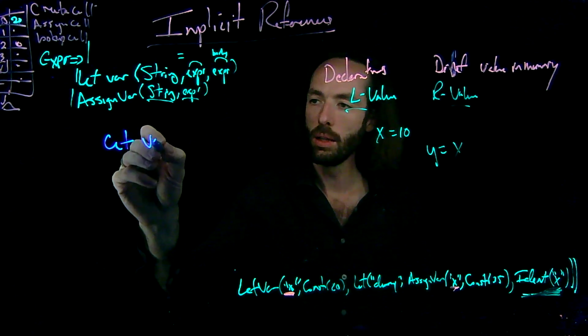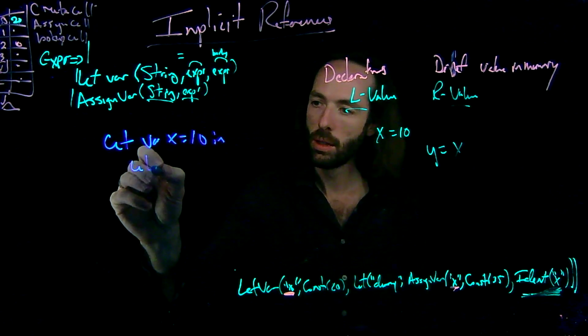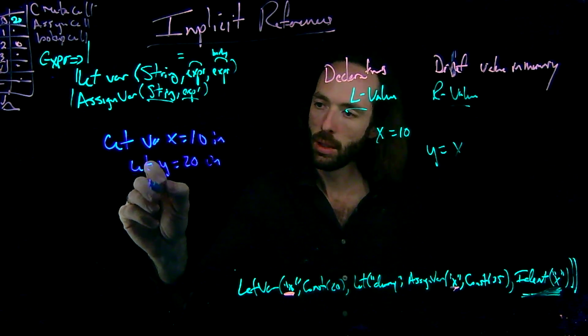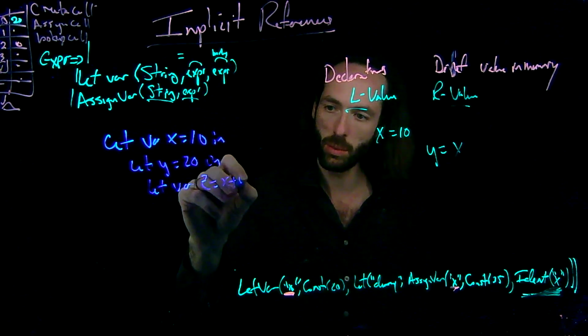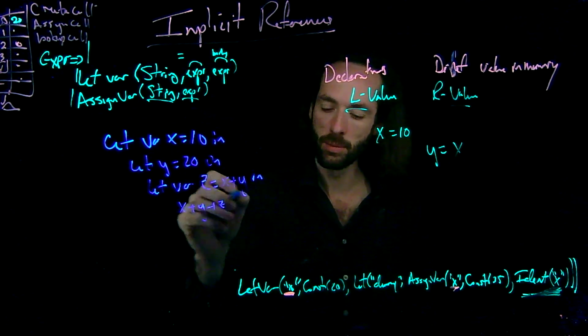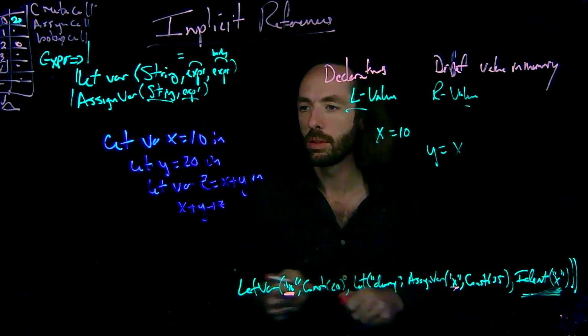Let var x equal 10 in, let y equal 20 in, let var z equal x plus y in, x plus y plus z. Now, which ones are the L values and which are the R values?